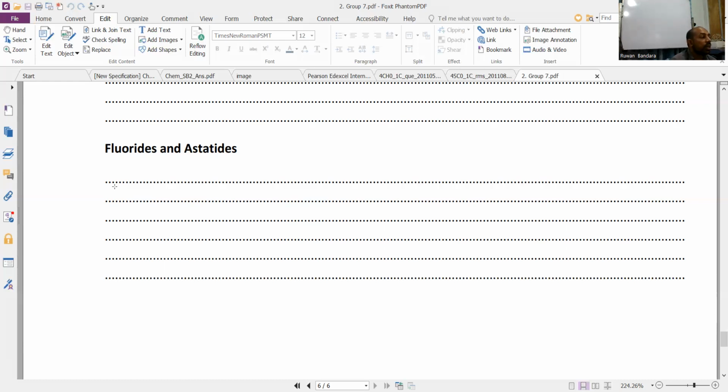Similar to the other halides, astatide and fluoride may form.